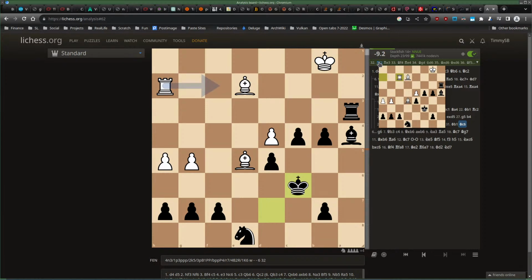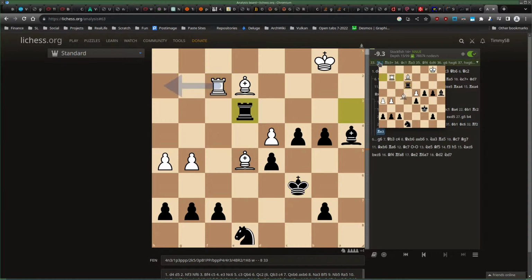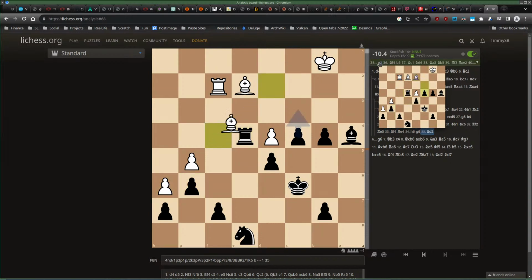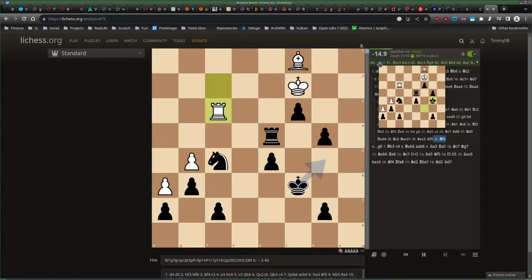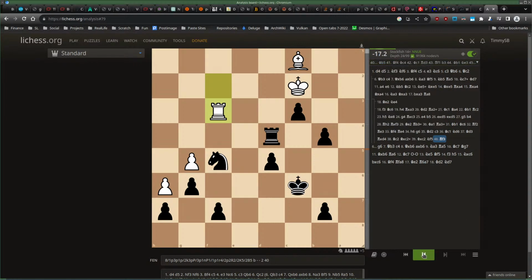To get out of the check, I guess. Still super slow moving. Okay, this even I can win without studying it in advance. That's minus 16.